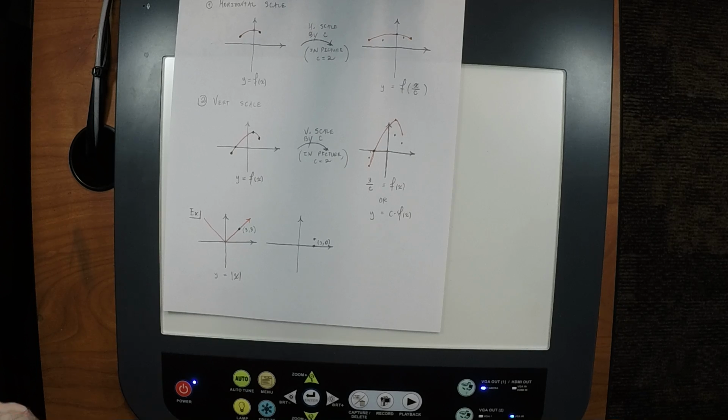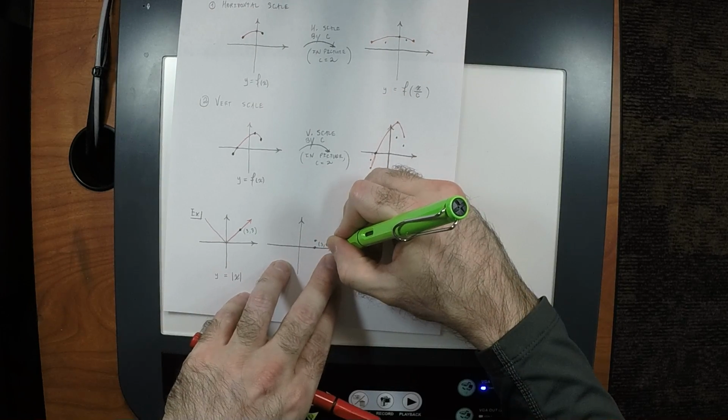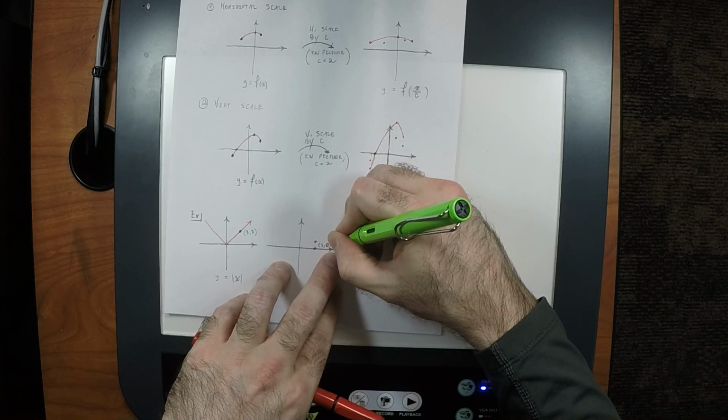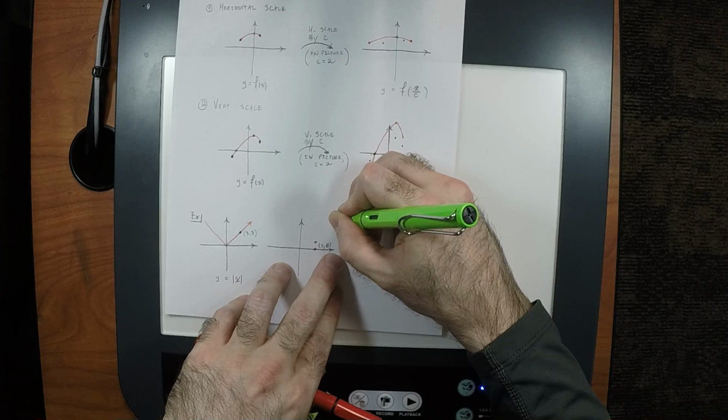Okay, and then 3, 0. And now I want to put a point at, so this will be 6 and 6, like that.